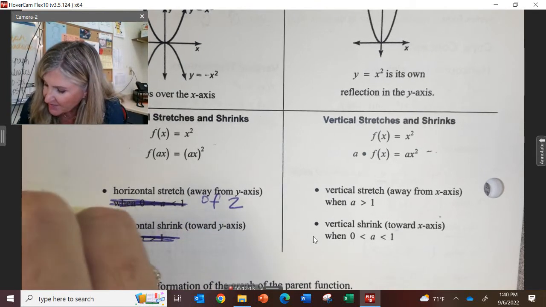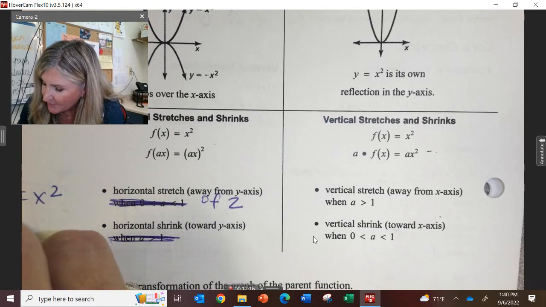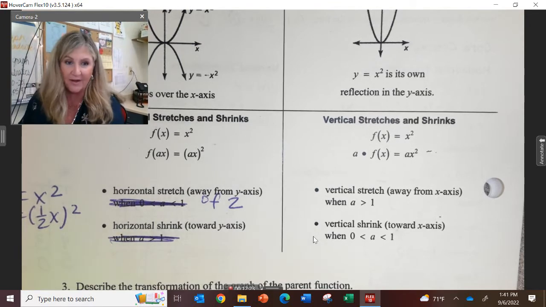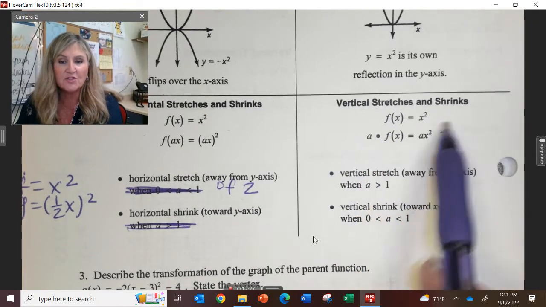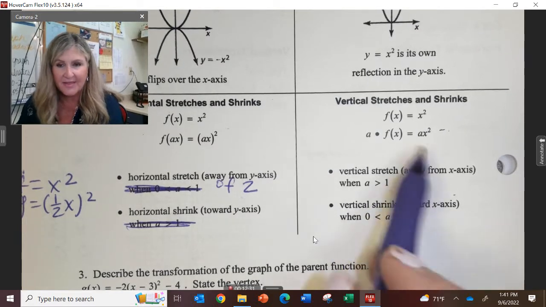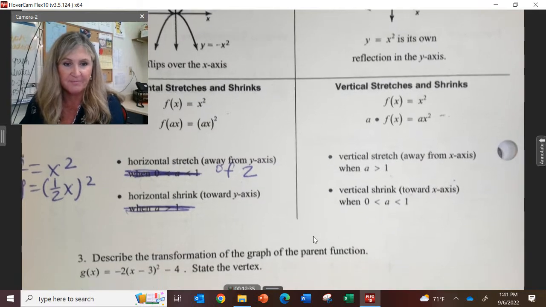So if I start with f equals x squared, I want a horizontal stretch of 2, I would have to do g equals (1/2 x) quantity squared, okay? If I want a vertical stretch, then I want a to be greater than 1, and that's going to cause that vertical stretch, and this is the whole function, okay?